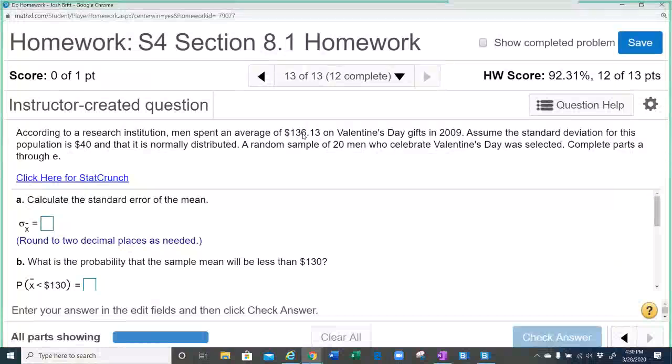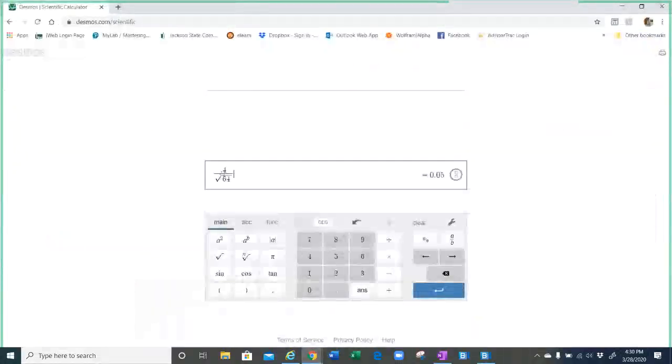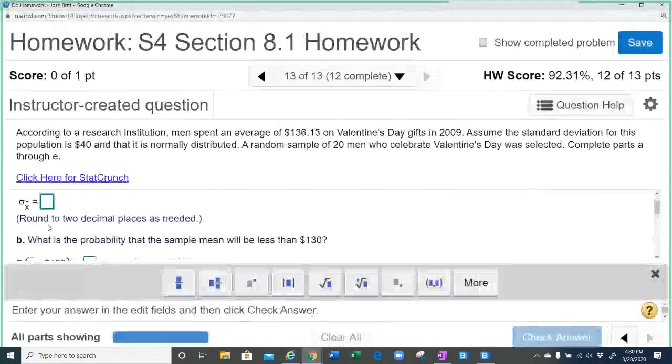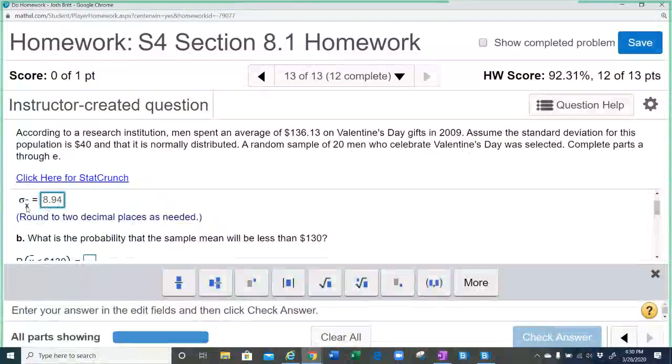So go ahead and calculate 40 divided by square root 20, and that is 8.9443. Two decimal places, 8.94.